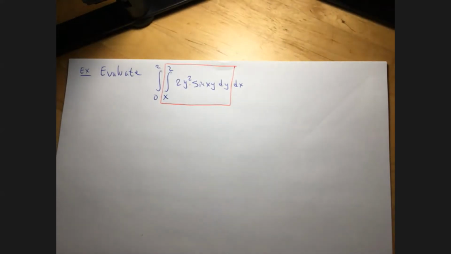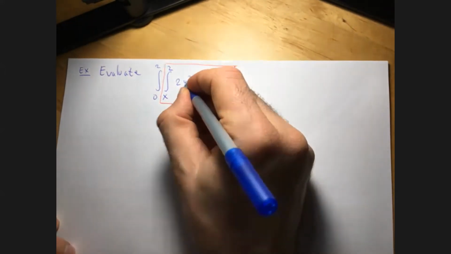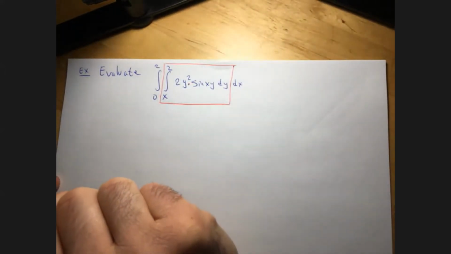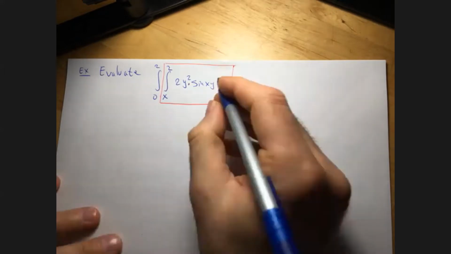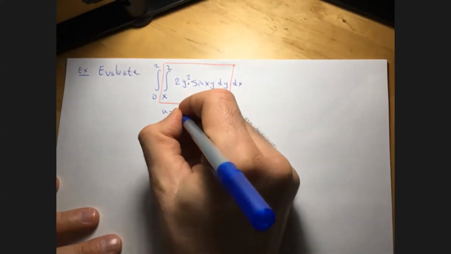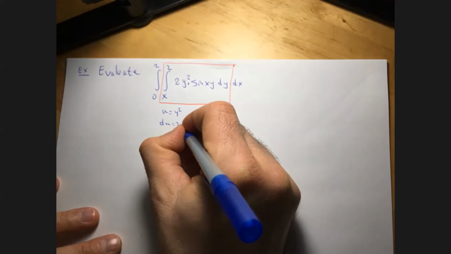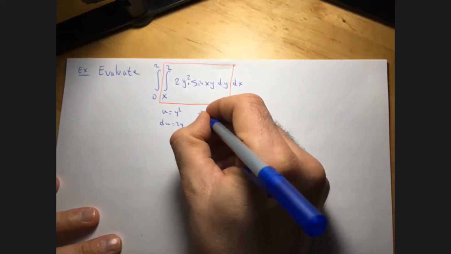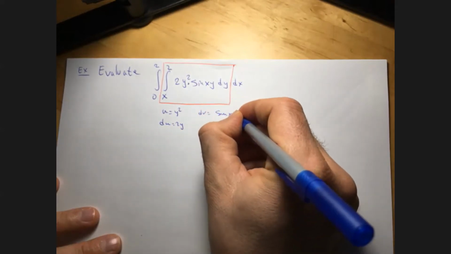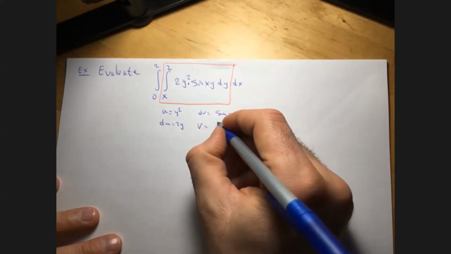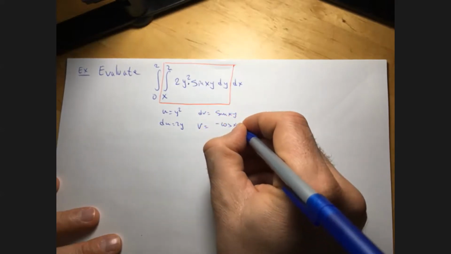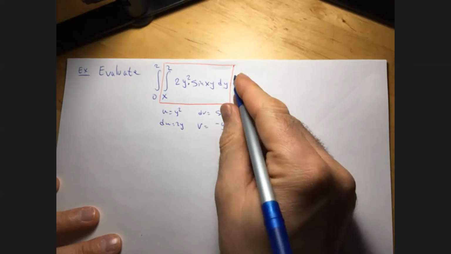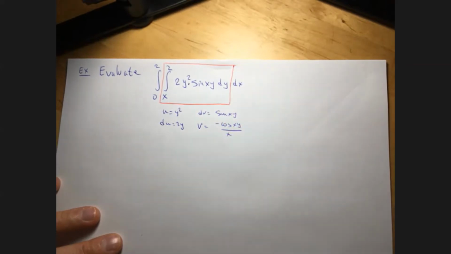In order to do that, I first need to use integration by parts. So u is equal to y squared, du is equal to 2y, dv is equal to sine of xy, v is equal to negative cosine of xy over, I'm integrating with respect to y, so x.